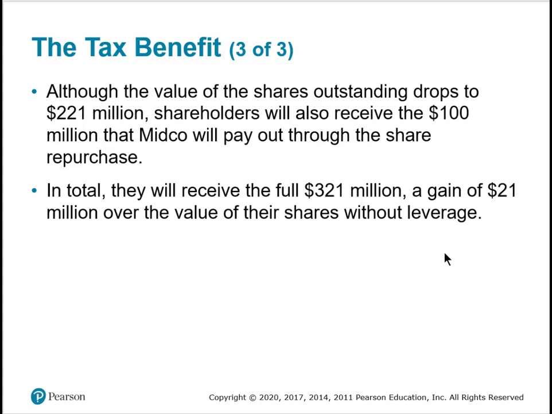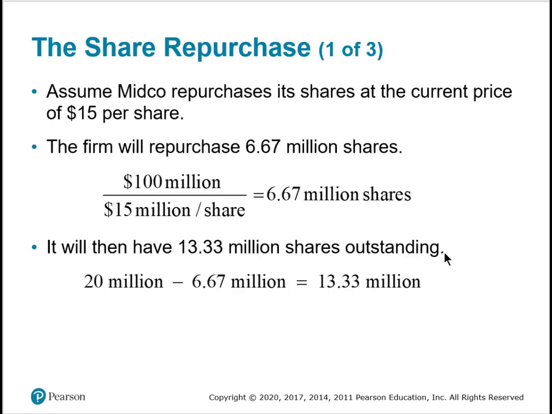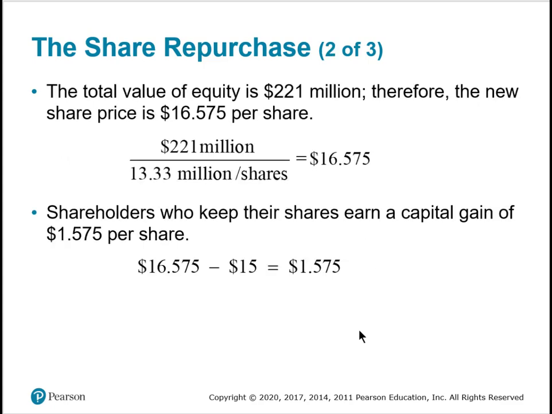So they got the increase, in fact, even a greater increase when the company increased its capitalization with respect to debt. What if they repurchase shares at the current price? That would be 6.67 million shares, then they'd have 13.3 million shares outstanding. That'd be what would be left.